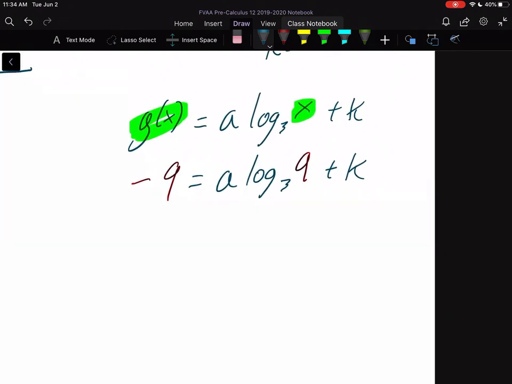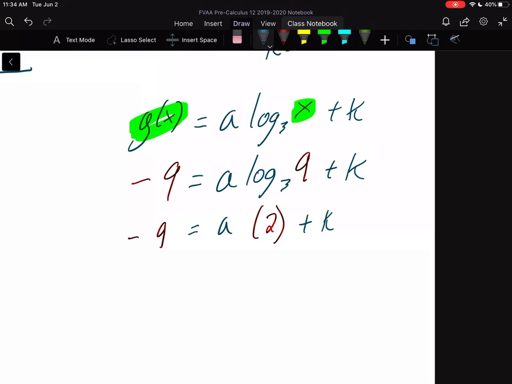And then I'm going to try to simplify. First thing I can simplify here is 9 is equal to 3 squared, so log 3 of 9 by itself is equal to 2, right? And then plus k. So here, -9 is equal to 2a plus k, and I want to isolate one of my variables. I'm going to isolate my a variable.